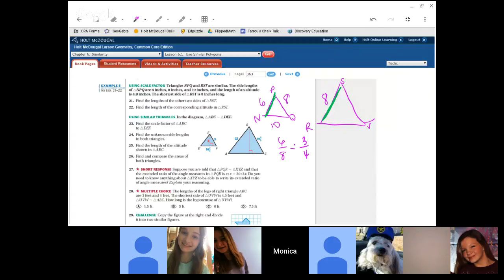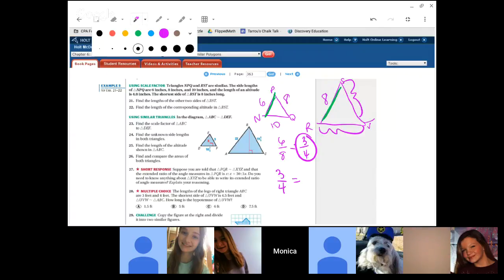Okay, so now we're going to take our scale factor here of 3/4 and we're going to use that to set up the proportions, like what we did in the very beginning of class yesterday, to solve for those other sides. So if we have a scale factor of 3/4, we know the other sides that we're looking for are here and here, right? And we can say that these two sides are similar and these two sides, okay?